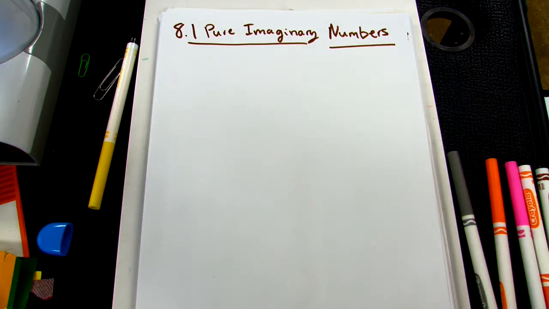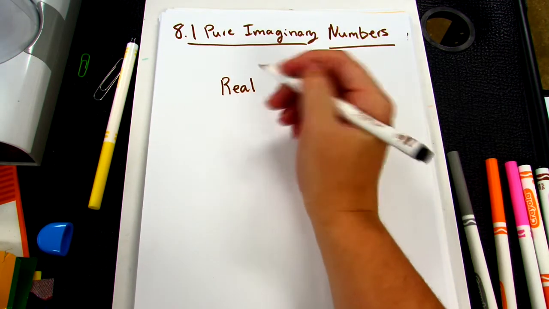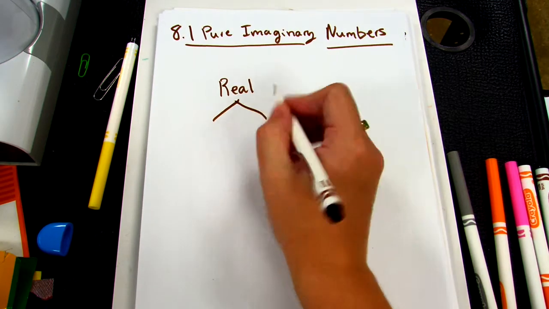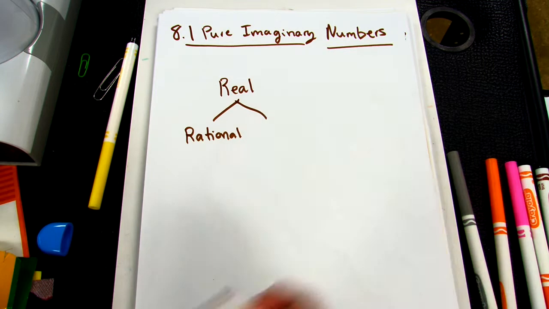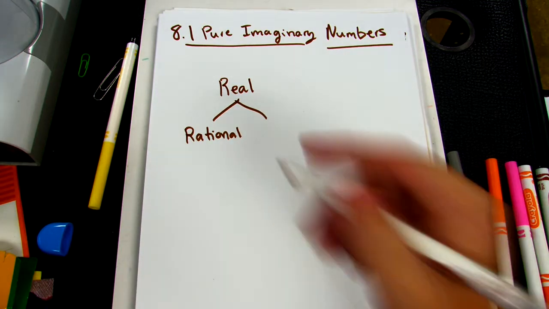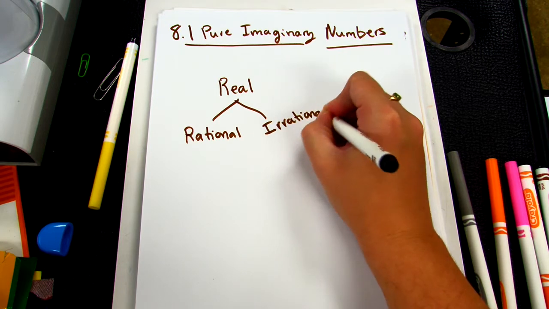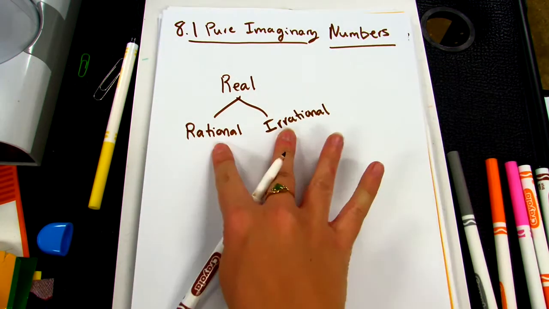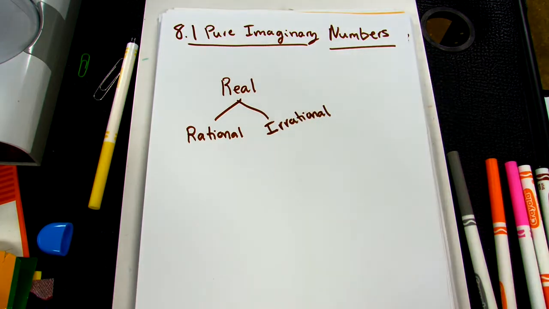Okay, so up to this point in math, you have been studying the set of real numbers, right? So we have the real number system, and then it broke down. In the real number system, we have rational numbers, so fractions and decimals. And then we have irrational numbers, like pi, or a decimal that never ends.